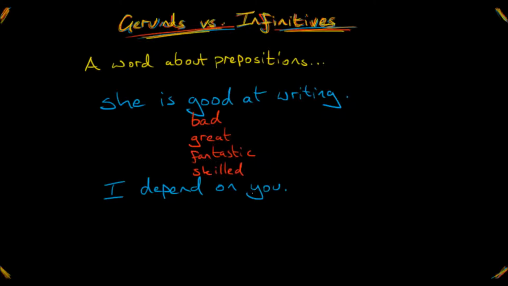Can anyone think of a verb which means something similar to depend? I'm going to suggest "rely." So if you were to go into an exam and see "I rely ___ you," and it asked which preposition goes in this place, you know that rely means the same as depend, and you know that depend attaches to the preposition "on," and so rely is going to use the same preposition.